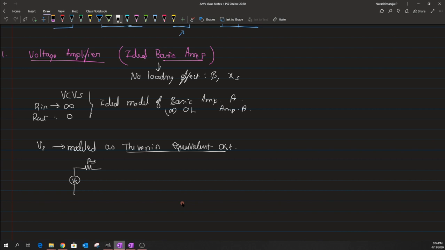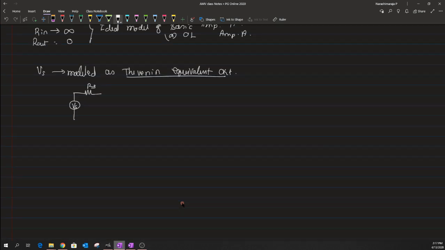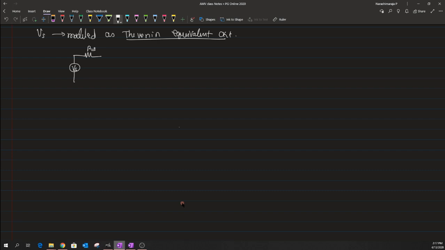Now let us begin with the type of feedback topology that we need, and let me model that with a picture. Let us assume that we have this basic amplifier, an ideal basic voltage amplifier, and the input is Vi and the output is Vo.